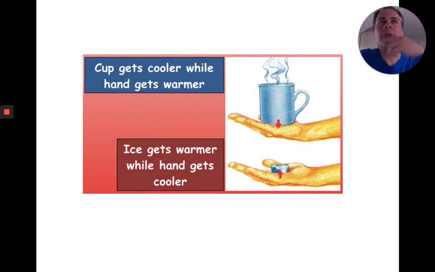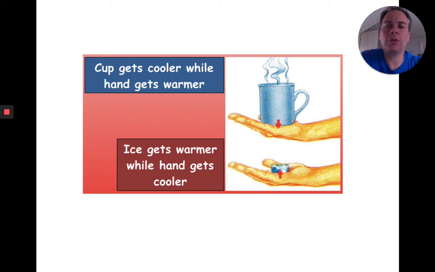And so let's say you put a glass of room temperature water in the refrigerator. What's going to happen? Is the refrigerator going to put coldness into your water? No, that's not the way heat transfer works.